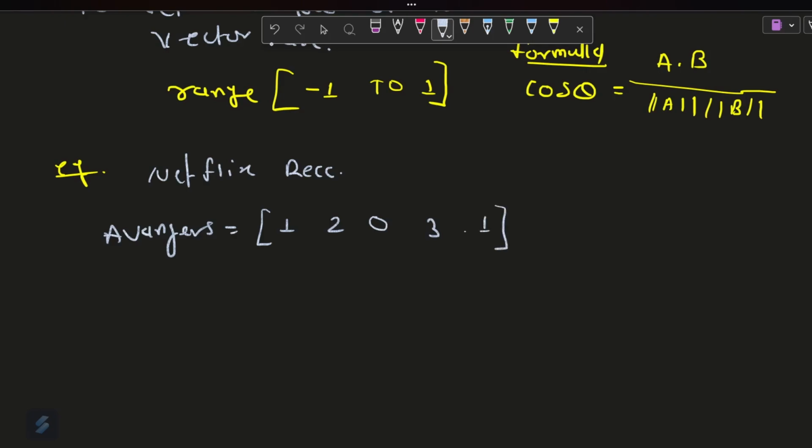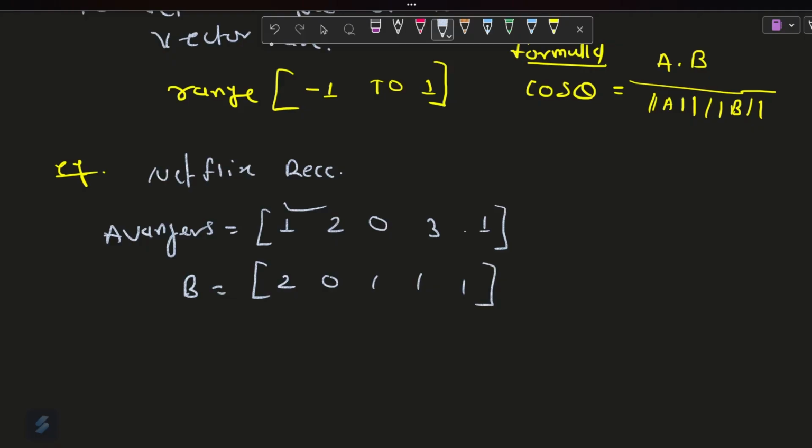And we have another movie. We are watching this movie, and we have another movie, let's consider B, with ratings like zero for action, one for songs, and so on for comedy and drama. We are rating different things like comedy, action, drama, thriller.